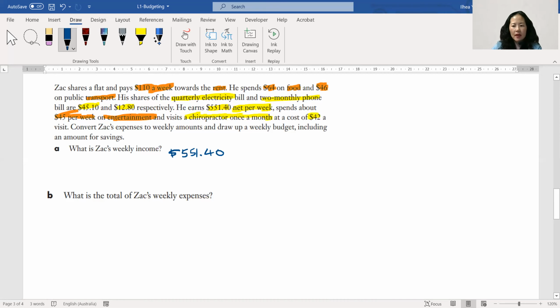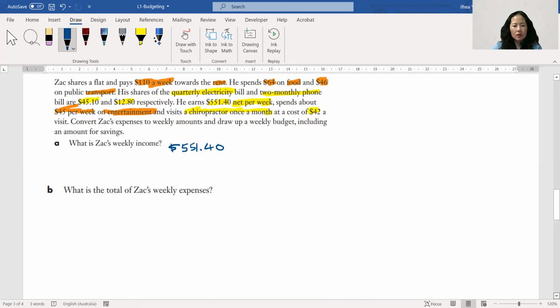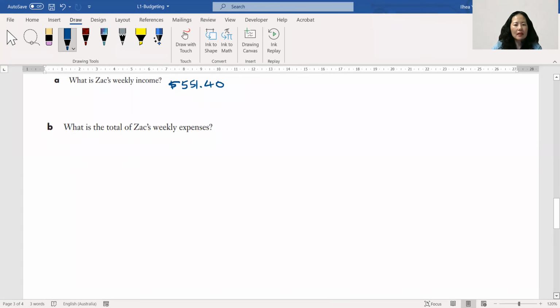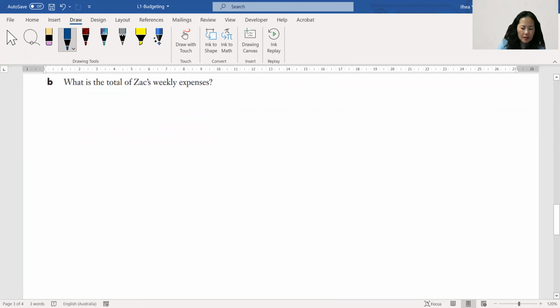Okay. Next one. What is the total of Zach's weekly expenses? So we need to think about a lot of things here. I'm going to just push up a bit. So weekly expenses. Let me do the ones that are a bit tricky first, the ones that we had to think about, the special conditions. So first, I want to deal with electricity.